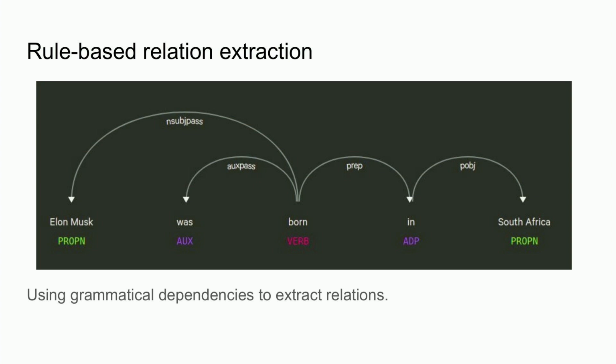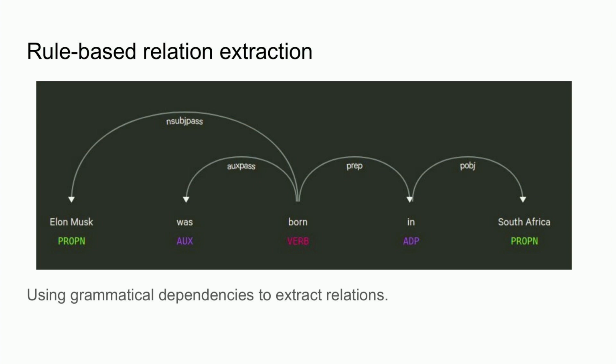So I've used spaCy to visualize the grammatical dependencies of the sentence Elon Musk was born in South Africa. And for those of you that are familiar with RDF graphs, this will feel kind of intuitive, because RDF graphs use the data structure triples, where you basically have a subject, a verb or predicate, and the object.